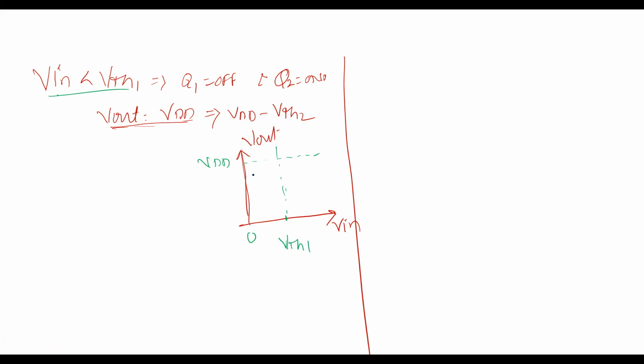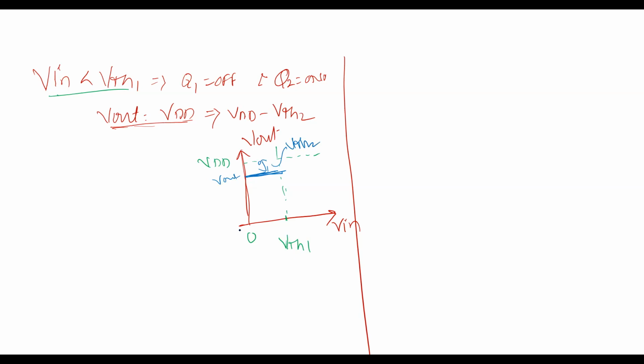This is your output for an input lower than the VTH value. Here is the gap from the full VDD, and this is the actual output Vout. The difference between these two is VTH2.